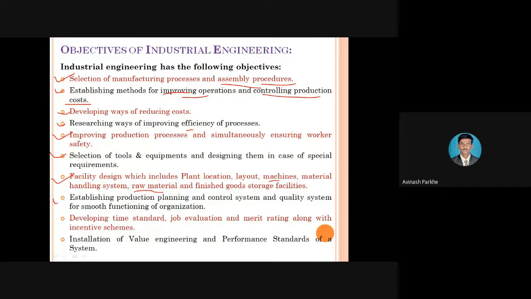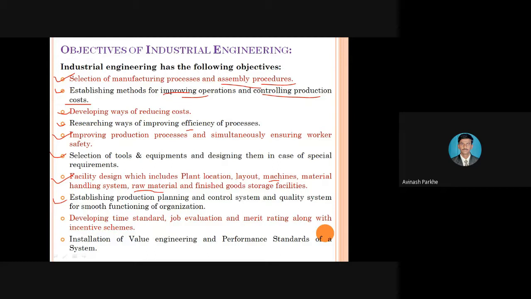Then, establishing the production planning and control system, and quality system, for smooth functioning of the organization. Production planning means whatever production processes we are considering, whatever production is going on in the industry, before starting the production we have to go for its planning, how to finish that particular work, then the control system, then the quality system.